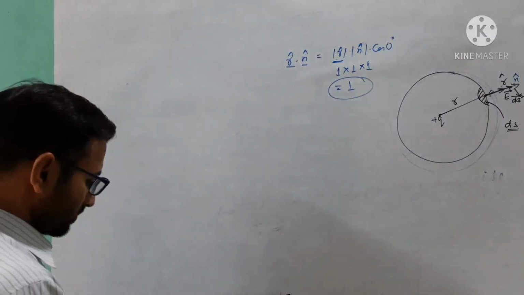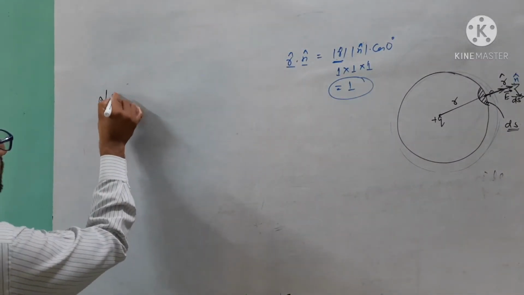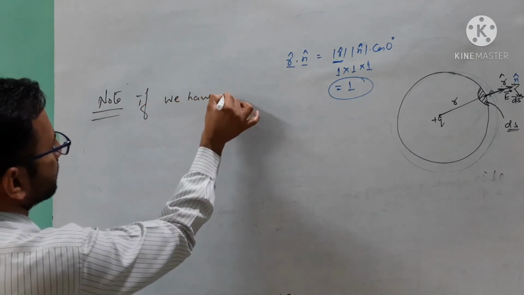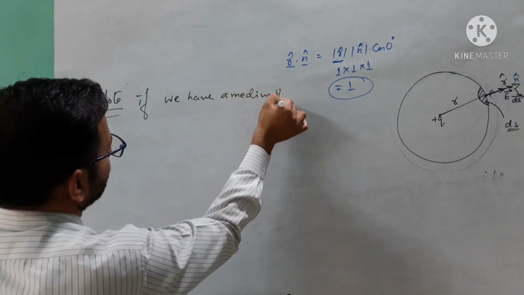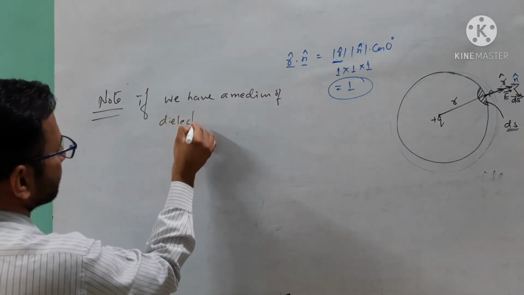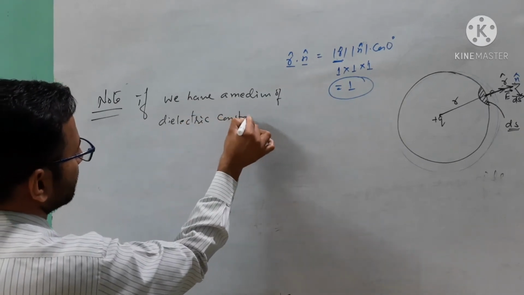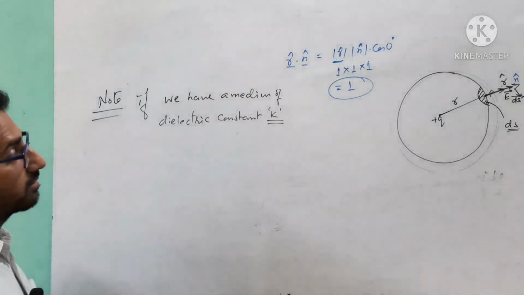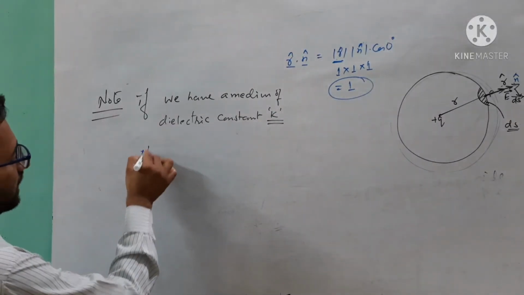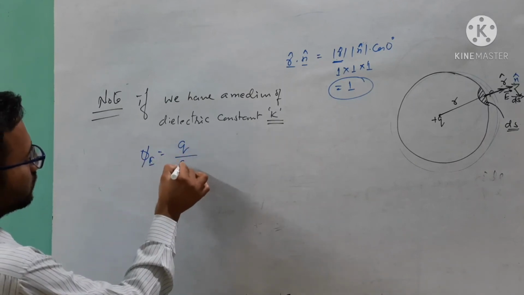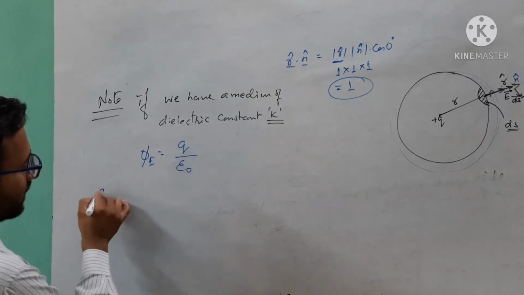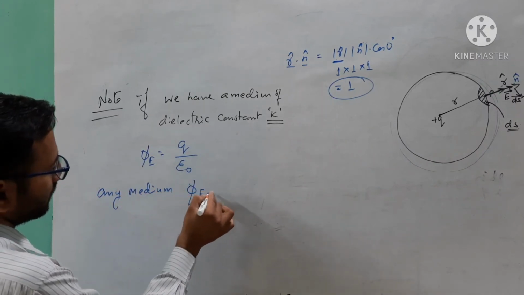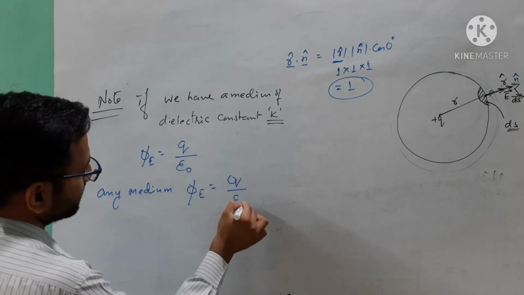Okay, student? So we can add one more thing, kindly note it. If we have a medium of dielectric constant K, then as we know, in case of vacuum the formula is Q over epsilon naught, but in case of any medium, that time this formula will be Q over epsilon.